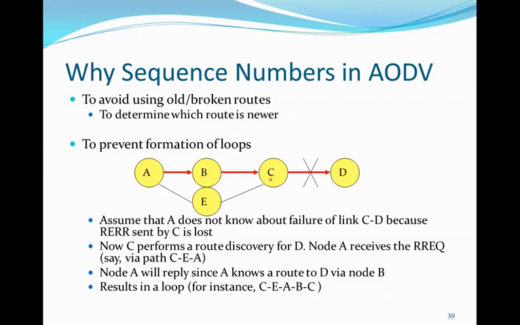For instance, the loop will start from C, then move to E, then A, then B, and then come back to C. So the packet will revolve inside this network for a longer time.